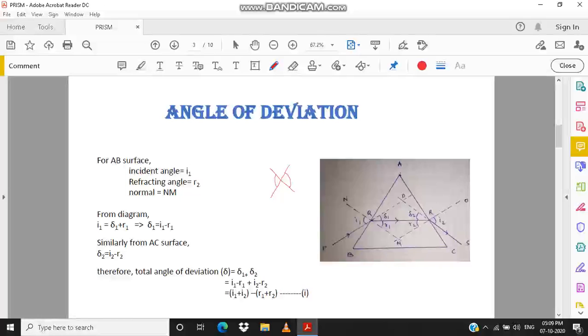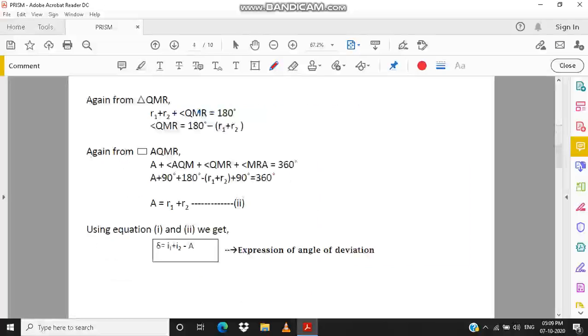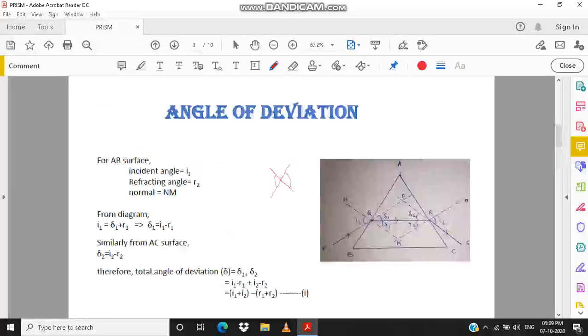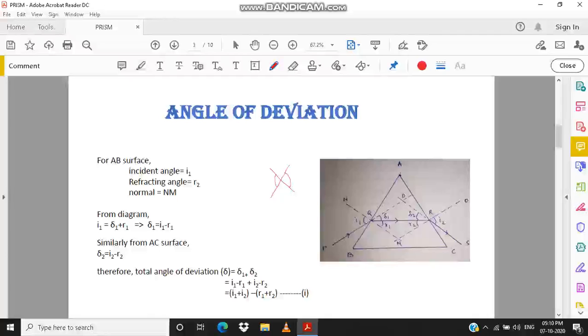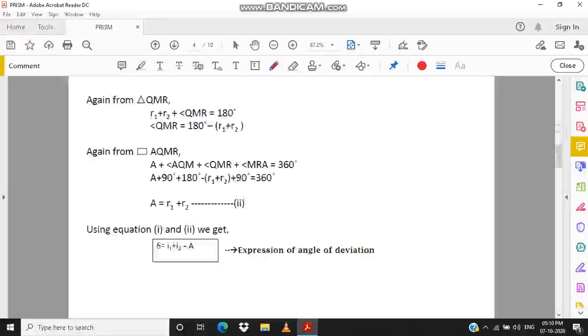What is this total angle? That is AQM, then QMR, and then MRA. Now adding all these angles, we get 360 degree.